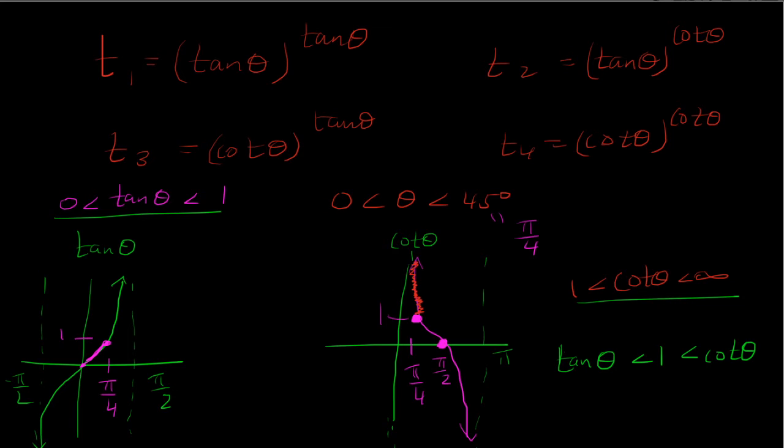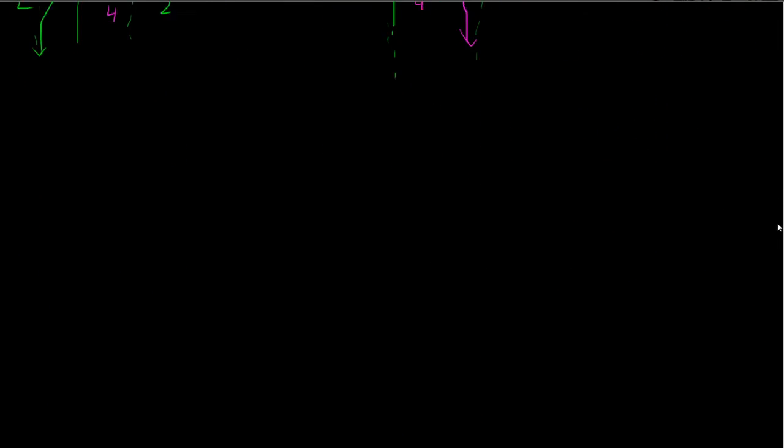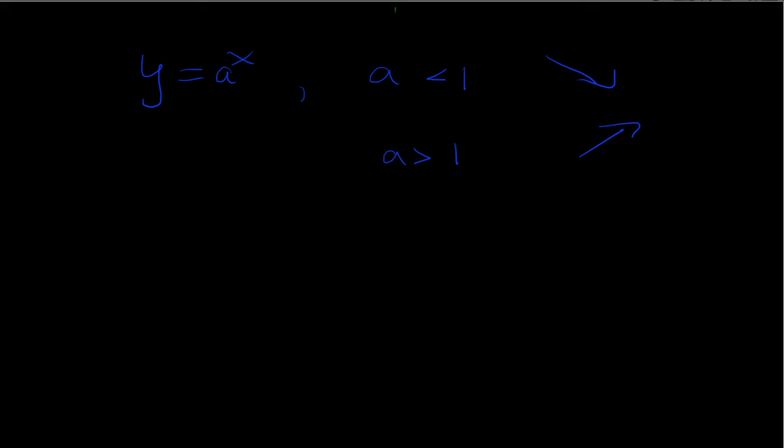So that's helpful. Now the other thing we need is talk about exponentials, because here we have the base being a trig function and the exponent being a trig function. So let's talk a little bit about that. So let's say if I have y equals a to the x, if a is less than 1, then the function is decreasing. And if a is greater than 1, it's increasing.